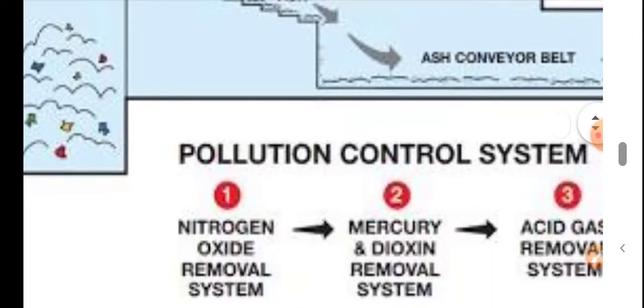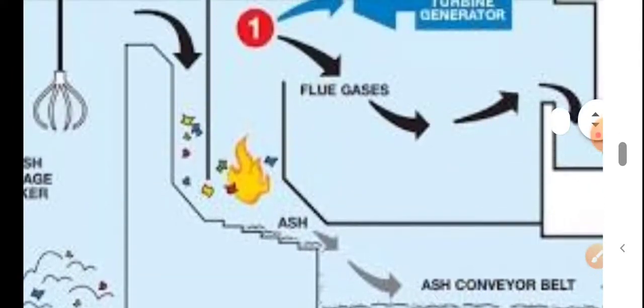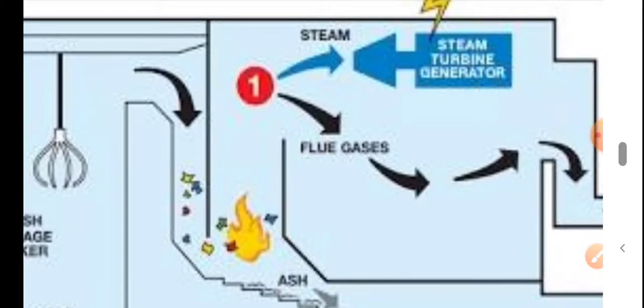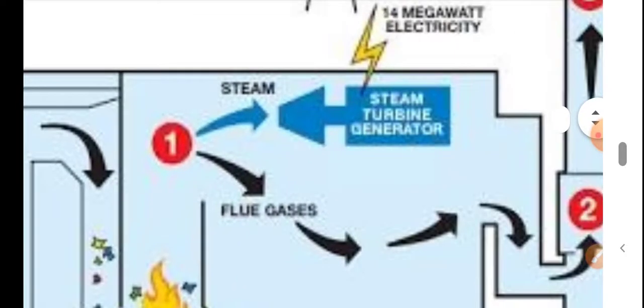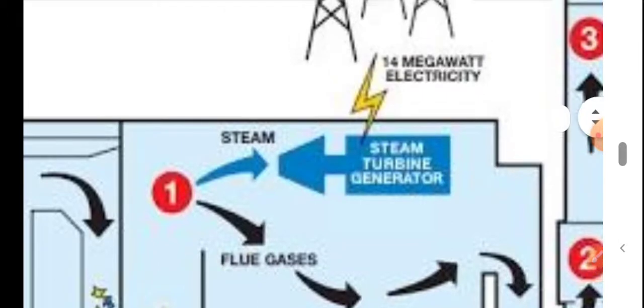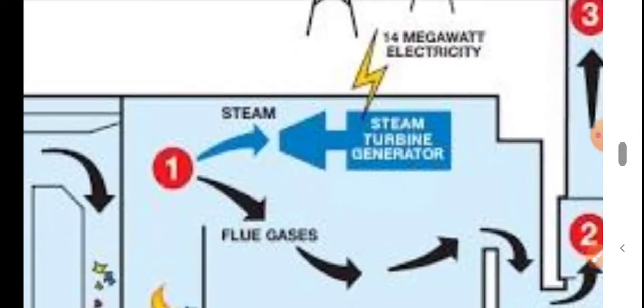This nitrogen oxide removal system removes the toxic nitrogen oxide from the steam, and this steam is used in the steam turbine, which is coupled with an alternator to generate electrical energy, and this electrical energy is put onto the grid. So this is the process of generation of electrical energy.